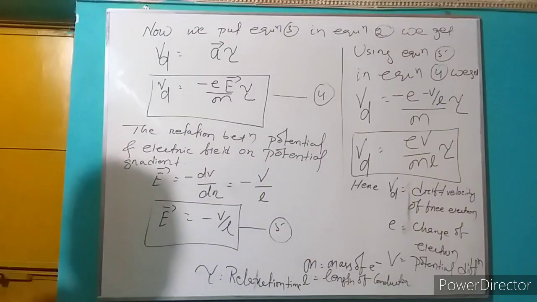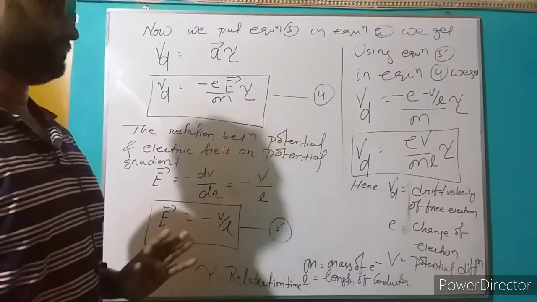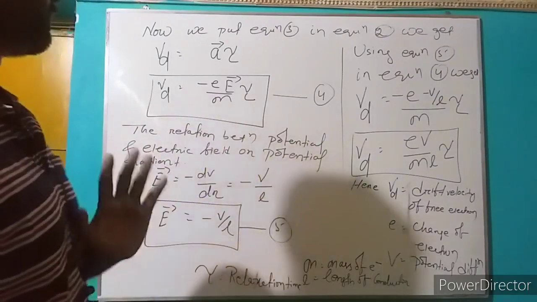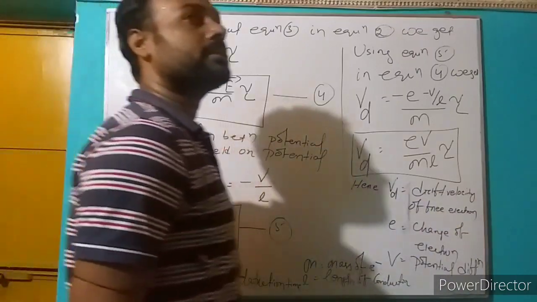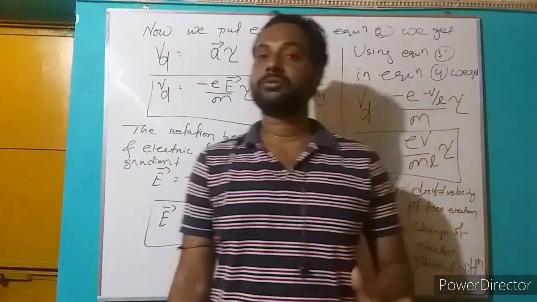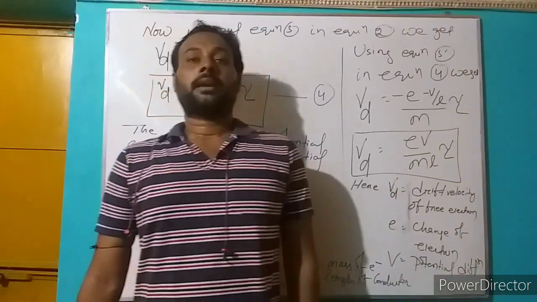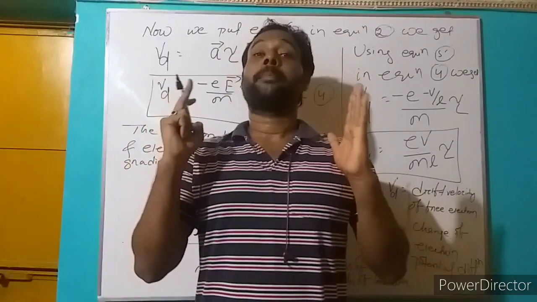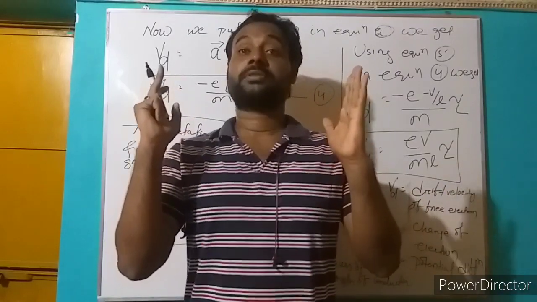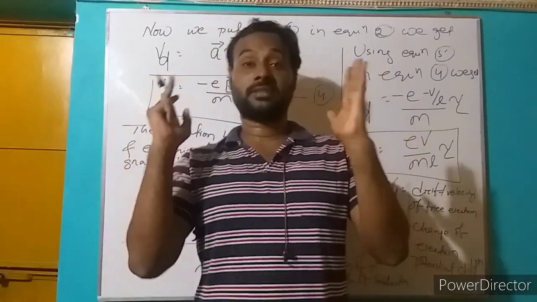So this is all about drift velocity of free electrons. What do you mean by drift velocity? Drift velocity is the velocity with which free electrons get drifted toward the positive terminal of the battery. If we apply a battery, it produces a potential difference across the conductor.